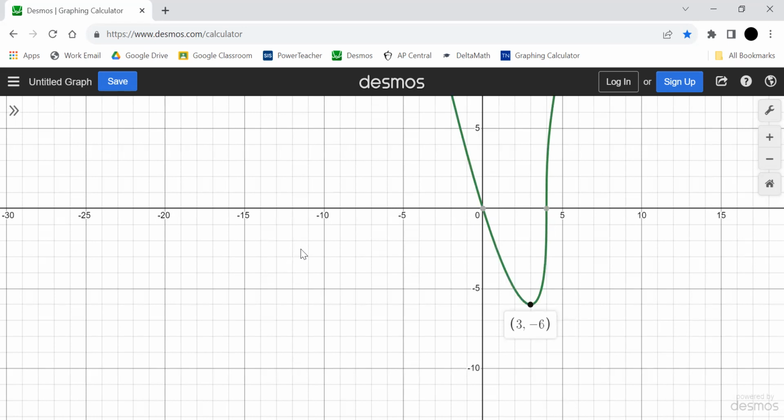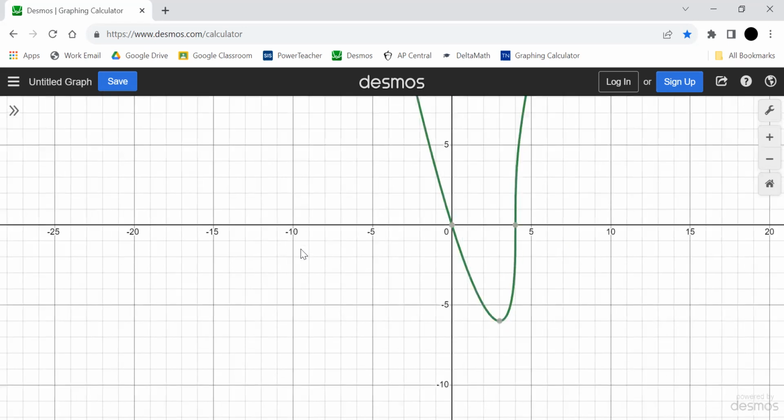And at x equals 4, it sure looks like this thing is turning into a vertical tangent line there. And it sure looks like our answers were good.